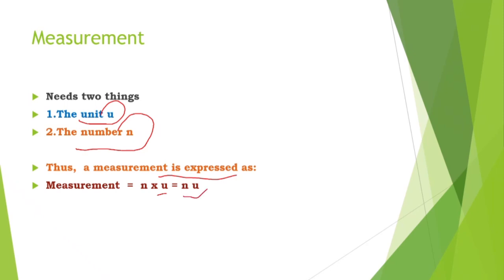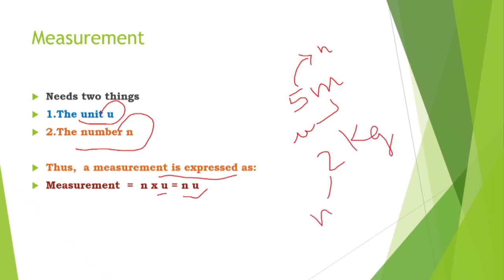Understand? So, let's understand by example. 5 meters of cloth. 5 is the number and m is the unit. Understand? If in my home 2 kgs of mango. So, 2 is the number. Kg is the unit. Understand?